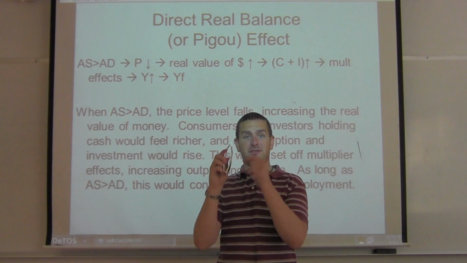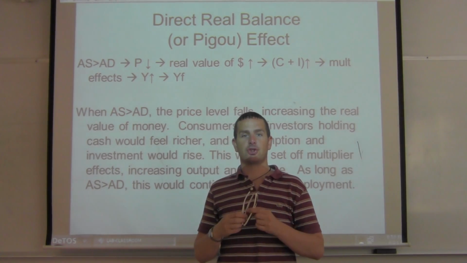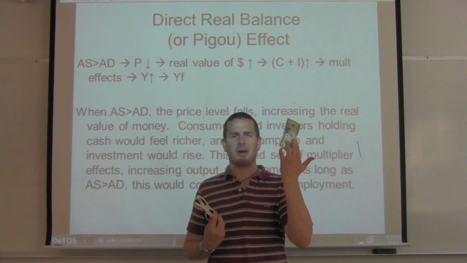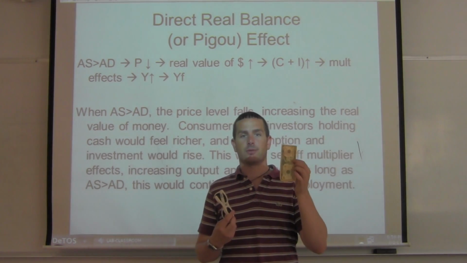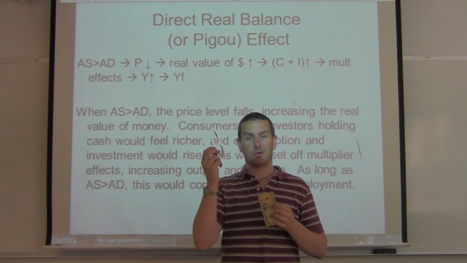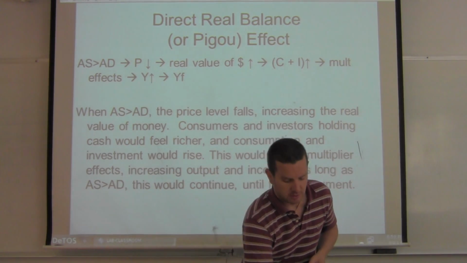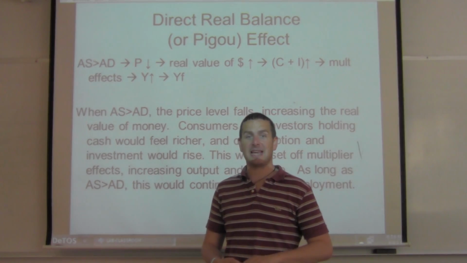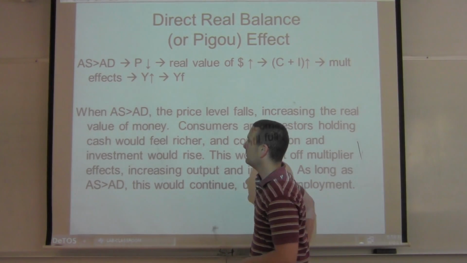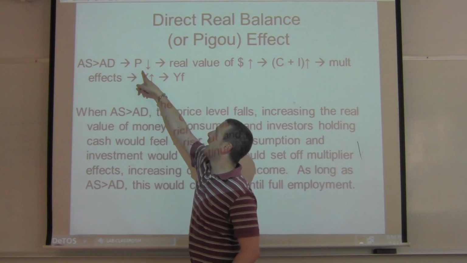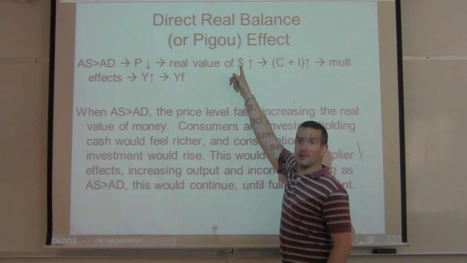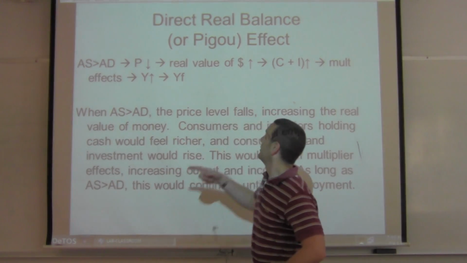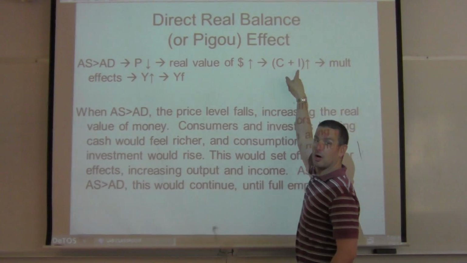So the real value, how much real stuff I can purchase with this green piece of paper, how much I can actually purchase, the real stuff. I can buy more things now with the same amount of money. So when prices go down, the real value of the dollar goes up. If people can buy more things, then consumption and investment goes up.